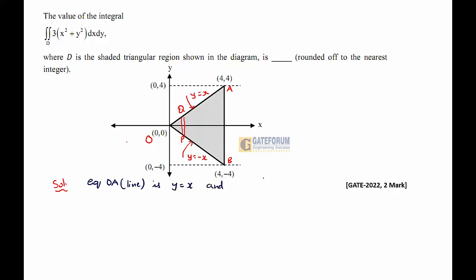For a straight line joining 2 points x1, y1 and x2, y2, y minus y1 is equal to y2 minus y1 by x2 minus x1 into x minus x1. Using that method, or logically in each point x equal to y, here along OA. Along OB, y is equal to minus x. Equation OB, EQ means equation: y is equal to minus x. Take a vertical strip.